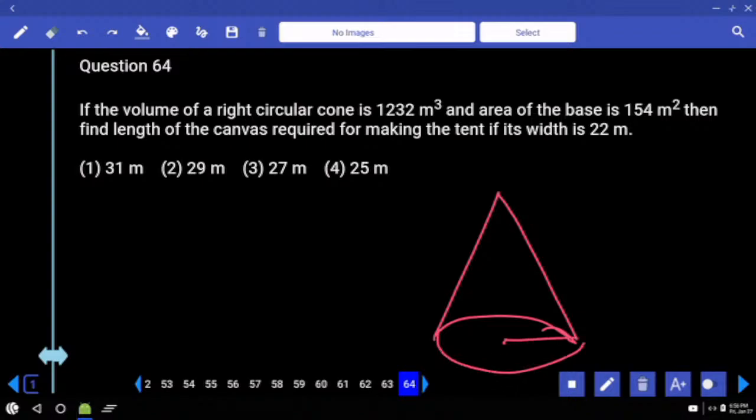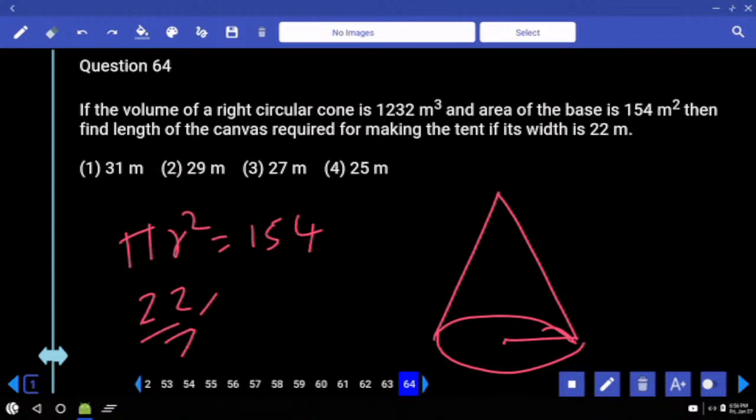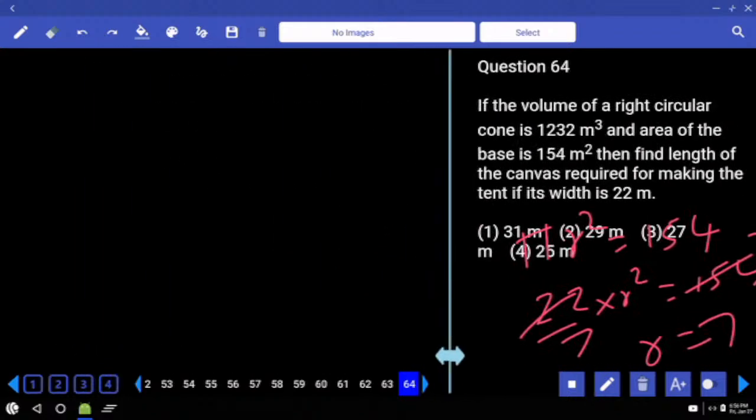Circular. He's saying pi r square equal to 154, right? So 22/7 into r square equal to 154. Straightforward. Radius is 7. Keep it. Volume of cone is 1/3 pi r square h.